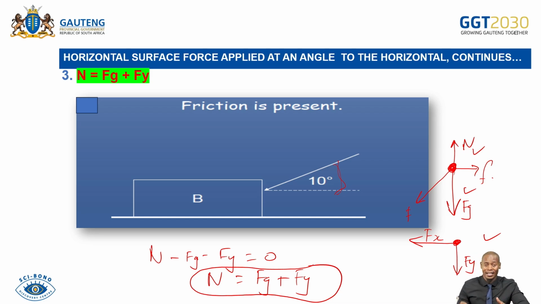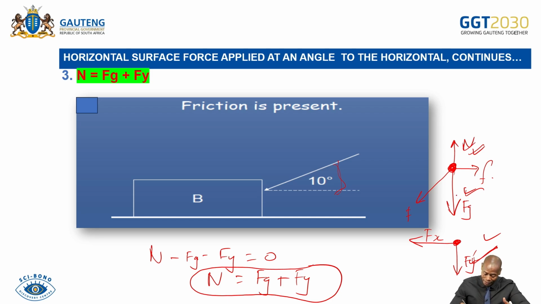So there's an additional vertical force now, which is going to be your Fy. So I'm having normal force, Fg and Fy. So I need to add those 3 and equate to 0 because this object is not moving vertically upwards, for example, it is moving on the horizontal plane, which means that vertical forces are at what? At equilibrium. Very, very important, learners.